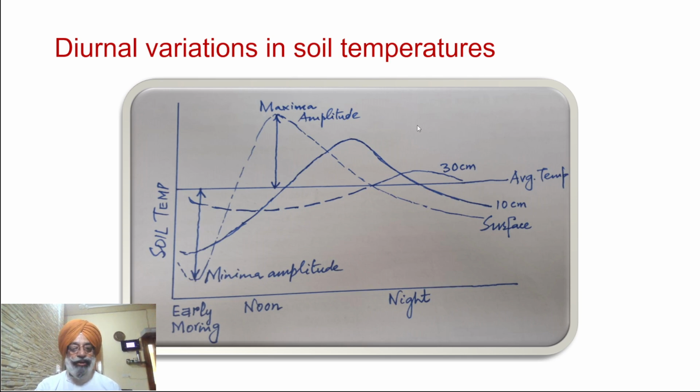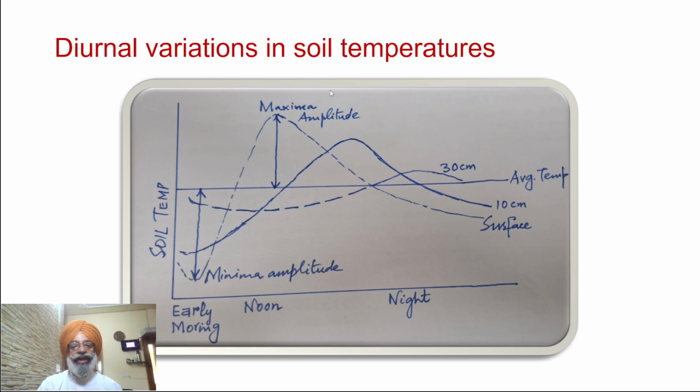Similarly, the soil temperature also shows variations with time over the day as well as during the season. First of all, having a look at the diurnal cycle, you can see the temperatures are minimum during the morning hours, then the temperature starts rising, and after attaining the peak, what we call the maxima amplitude, the temperature starts decreasing.